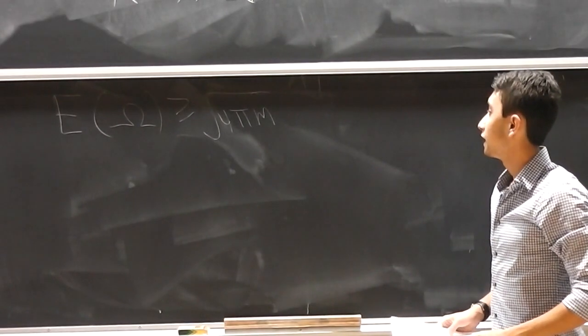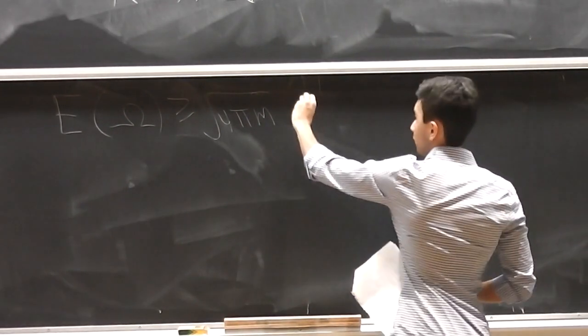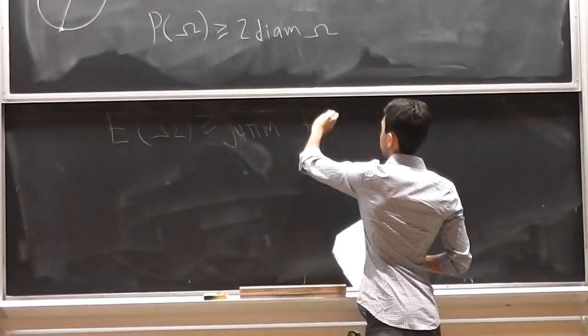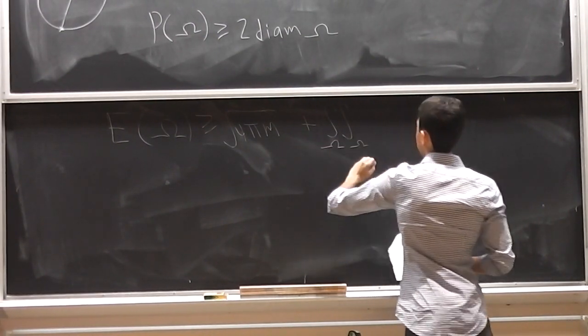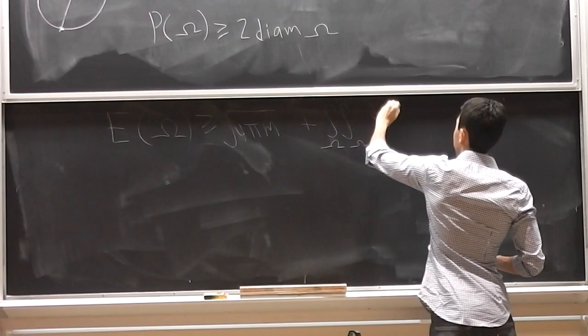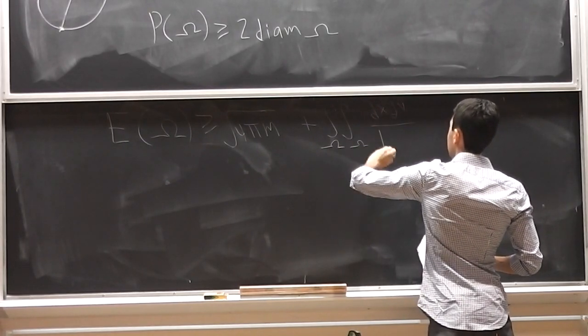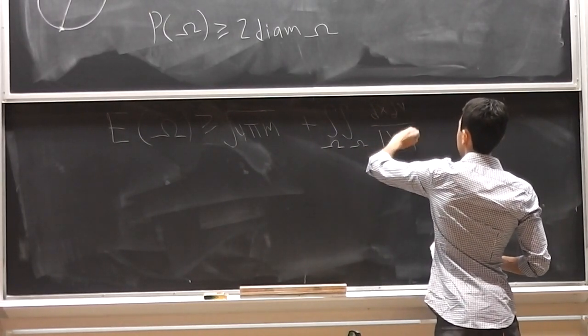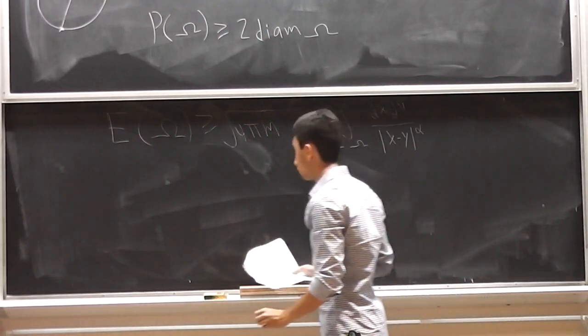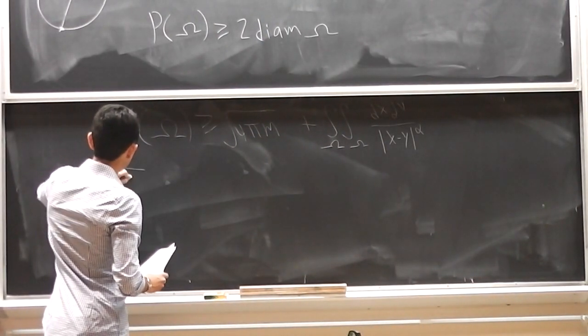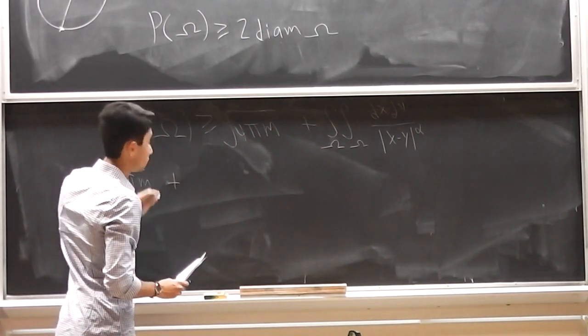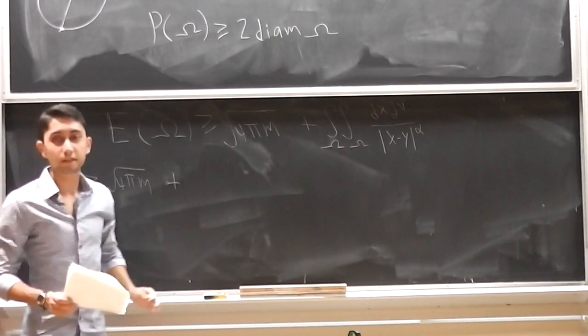Okay, and now, how do we bound the other part? Remember, the other part was the integral of dx dy over x minus y to the alpha. For this we just use a simple bound.